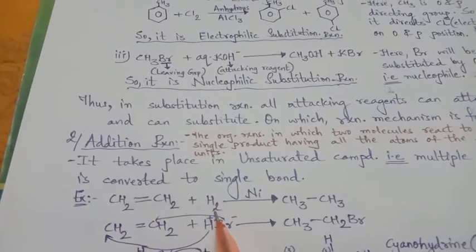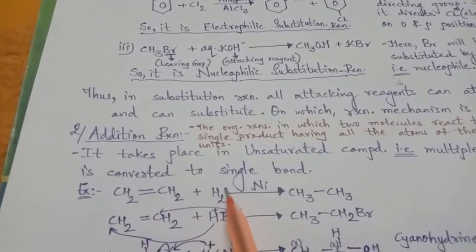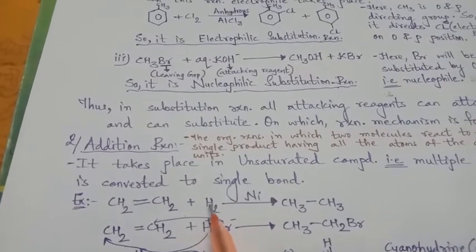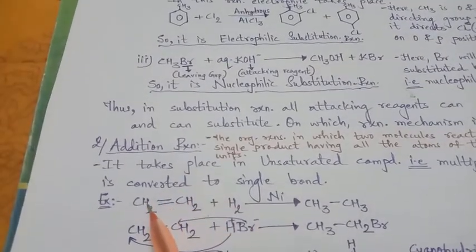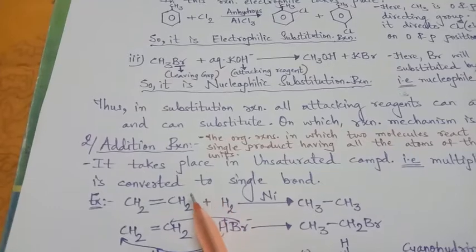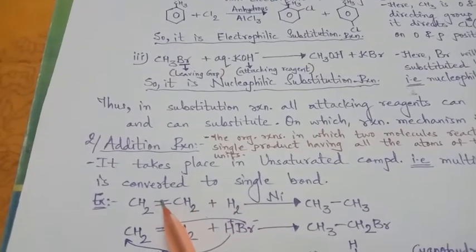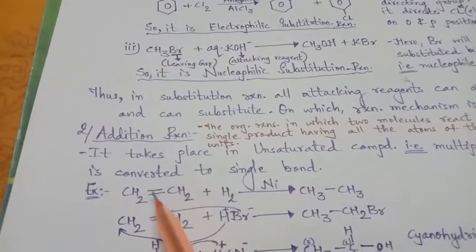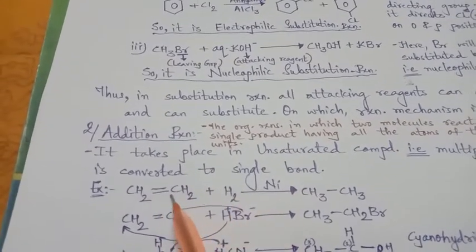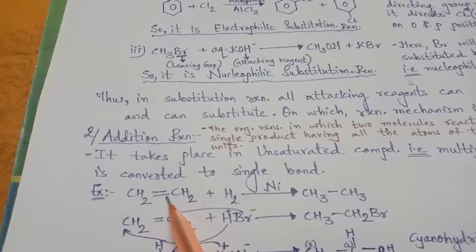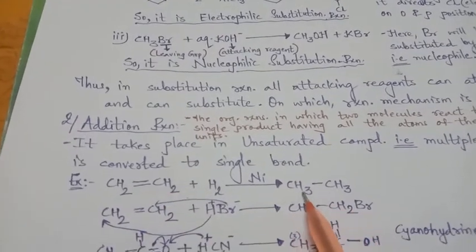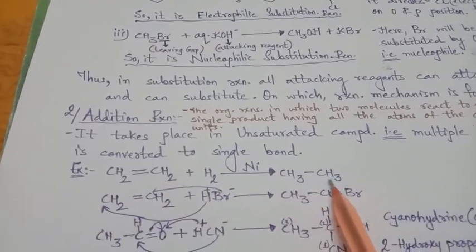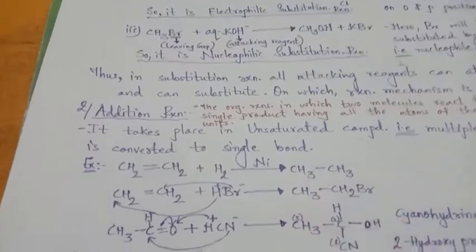The hydrogen first gets cleaved, and one H will go to this CH and another H will go to the other CH, where the pi bond is cleaved. Simultaneously both cleavages take place. So from a double bond it will now be a single bond, and it will be CH3CH3, ethane, which is a saturated compound.